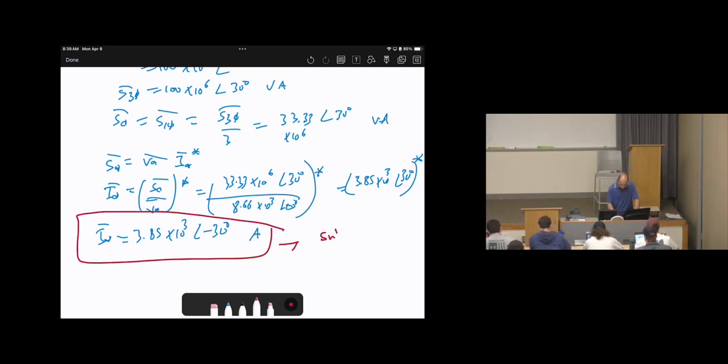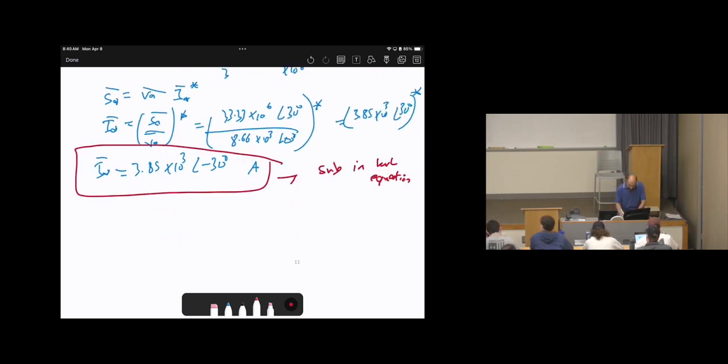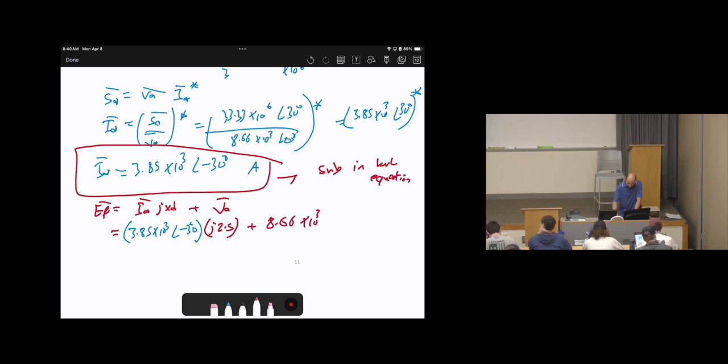Now I calculated IA, so I can substitute this in the KVL equation. Recall the KVL equation that we wrote before, which is EF equals IA JXD plus VA. So we just calculated IA, which is 3.85 times 10 power 3, angle negative 30 degrees, times JXD, which is J2.5, plus VA, which is 8.66 times 10 power 3, angle 0 degrees.